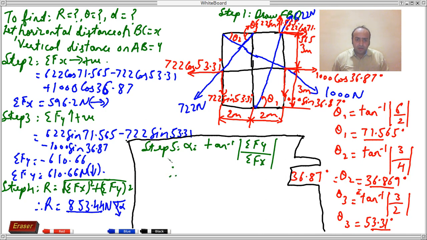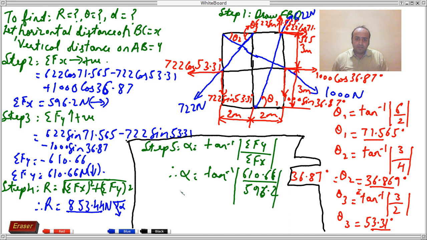So therefore, alpha is equal to tan inverse of modulus of 610.66 divided by 596.2.